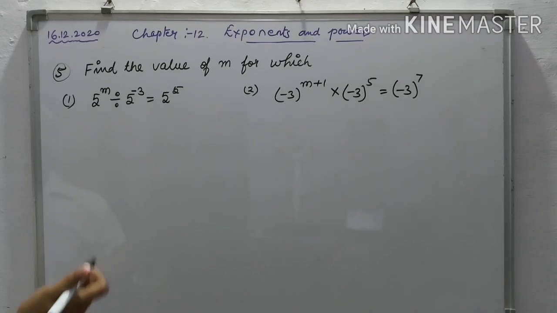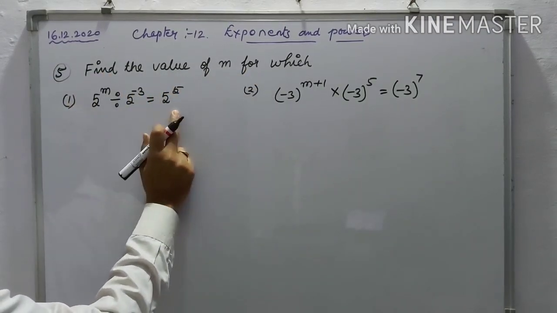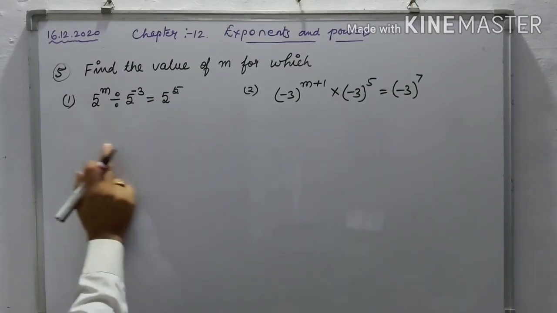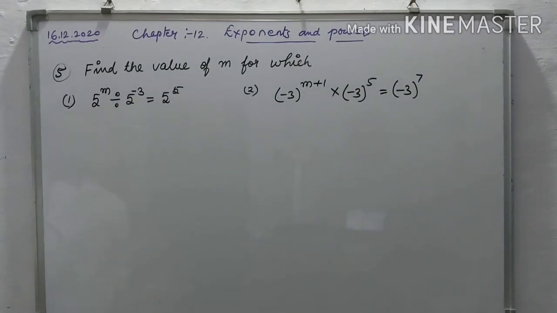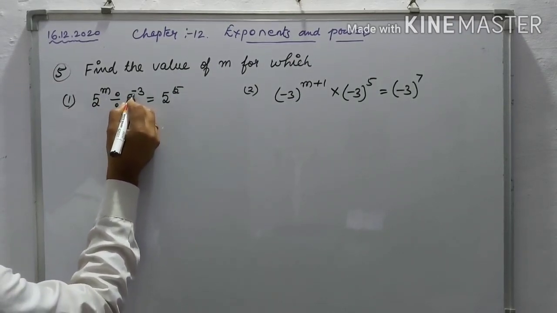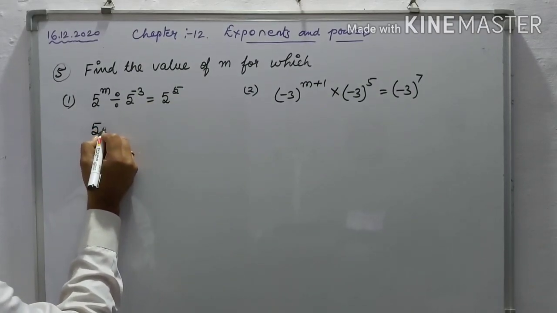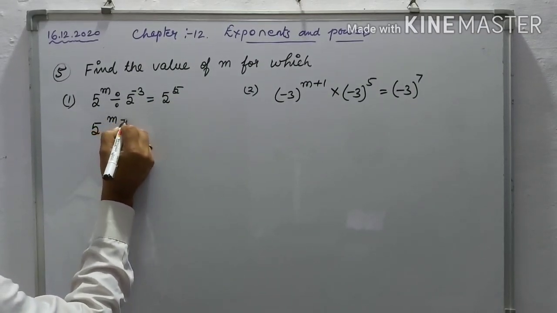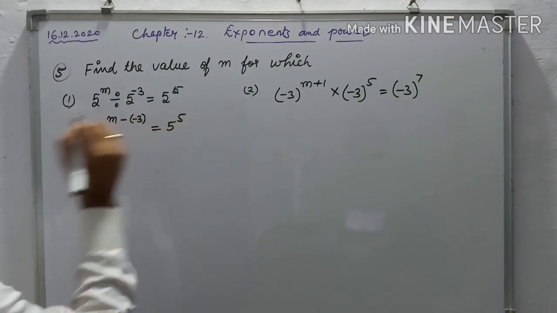Okay, now we solve. Here we will find the value of m for which the first question and this is the second question. This is the question of the example and this is a question of the exercise. Okay, now 5 to the power m divided by 5 to the power -3 is equal to 5 to the power 5. So we solve first: m minus 3 is equal to the power of 5.